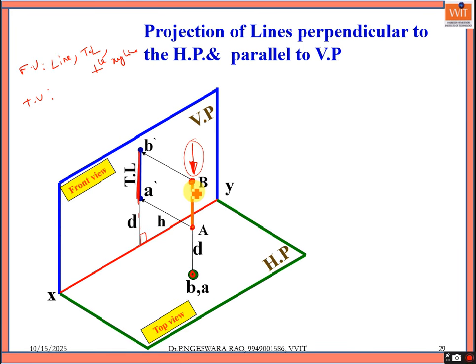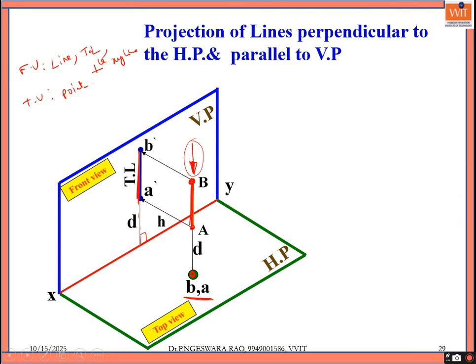B is the visible point, A is a hidden point. Hence we write B comma A in the top view. So even though the object is a line, in the top view we get the image as a point. That you have to remember.